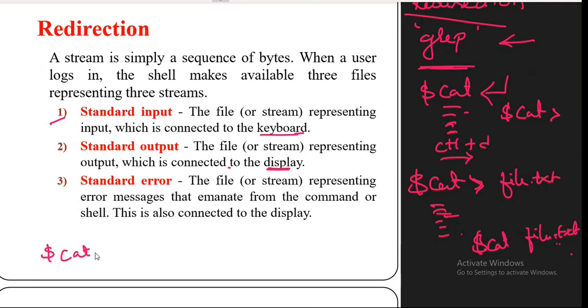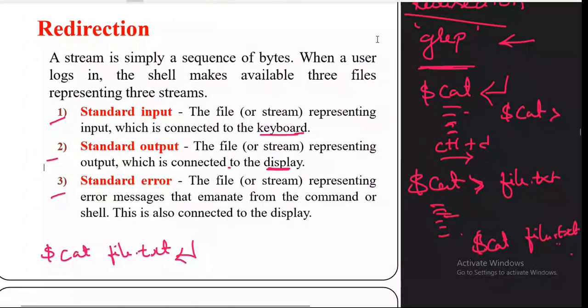If I am just specifying cat file.txt, in this case you may get an error if this file does not exist. If you want to store that error in a file, or just read it and ignore it, you have many options to do that. We'll see those examples in detail in the further slides.